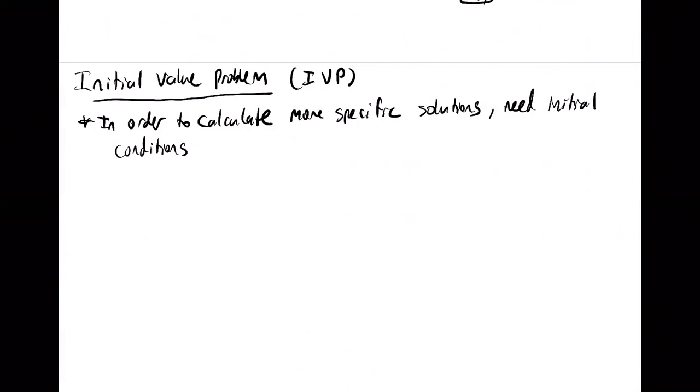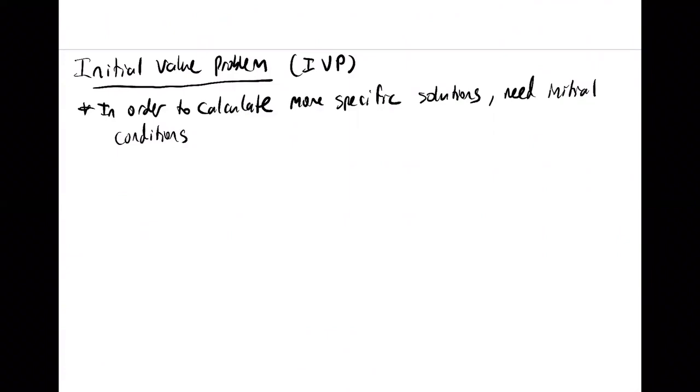And so the initial value problem is basically you're given one or two, or depending on the equation, maybe more initial conditions for the function, and assuming these initial conditions, you can solve the PDE, and so that's what an initial value problem is.